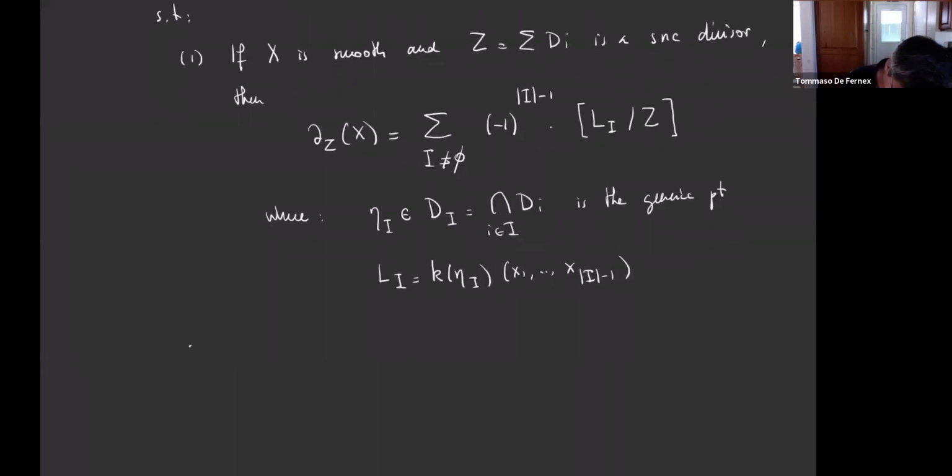And then the second property I want is that, if you have a simple normal crossing pair, so X is smooth and Z is a simple normal crossing divisor, then this is what we want it to be. And in general, I want to satisfy the following properties.